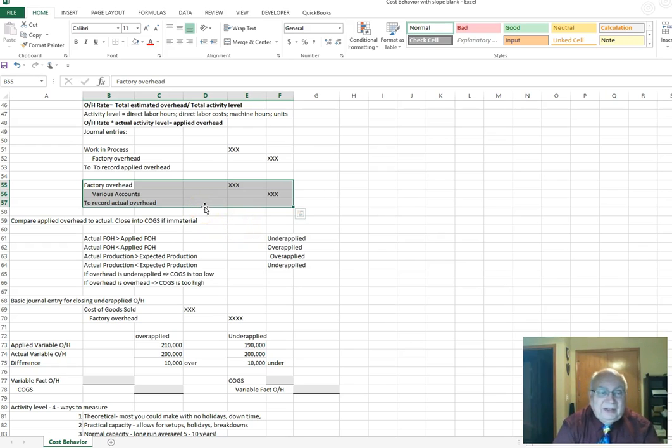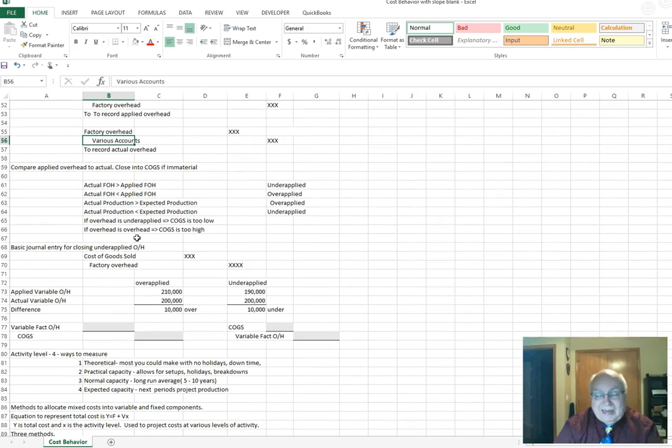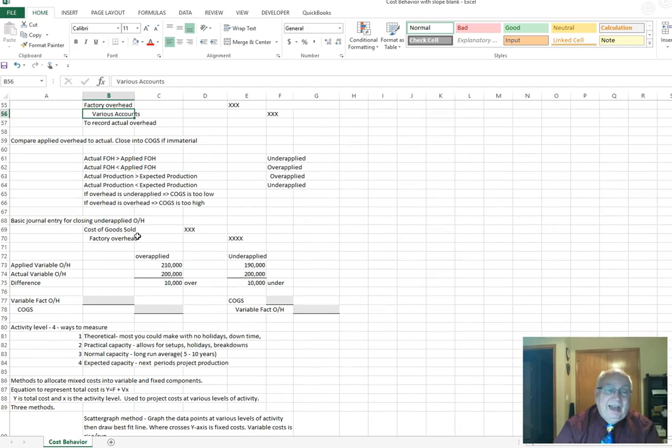The reason we put various accounts in here is because it could be cash, supplies, raw materials, labor. It can be a lot of different things, and we don't know what it's going to be. So we just use various accounts for the class, or use whatever they say, just cash, inventory, etc.